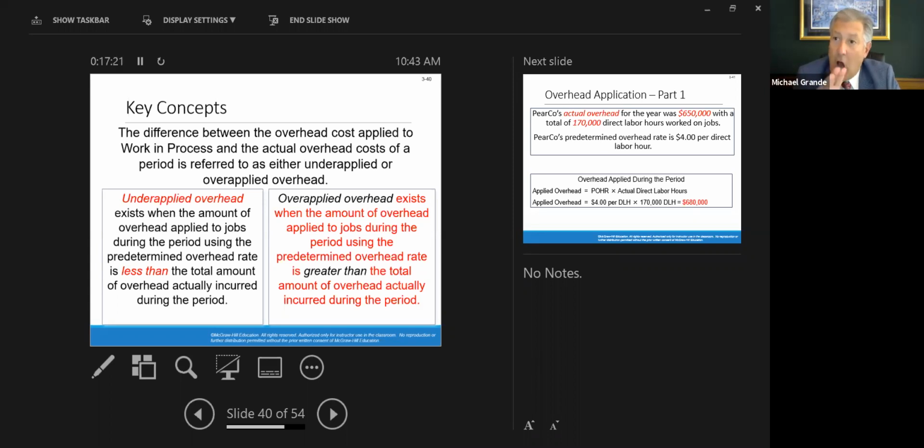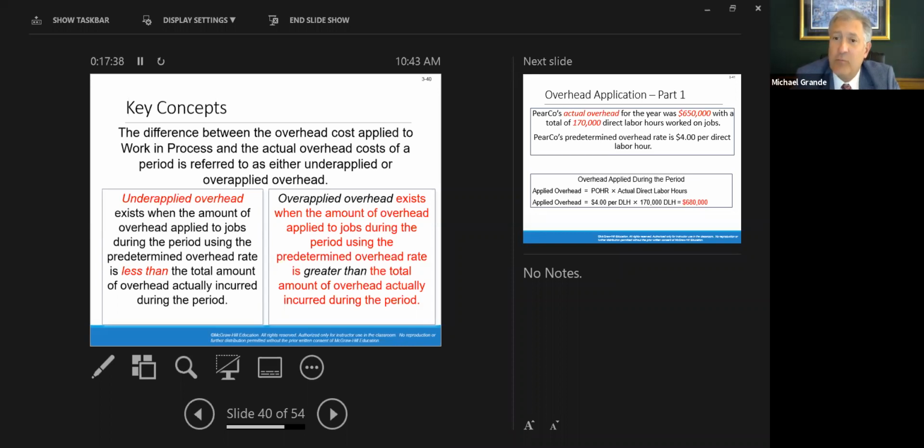So in this example, underapplied means the actual costs were greater than the amount transferred out. It also means that the manufacturing overhead account has a net debit. Underapplied.